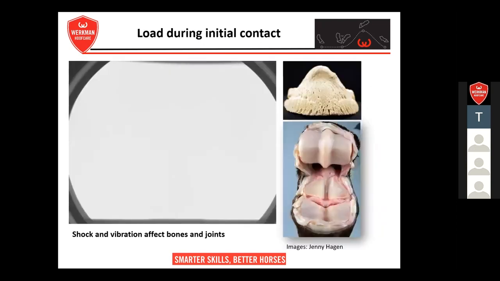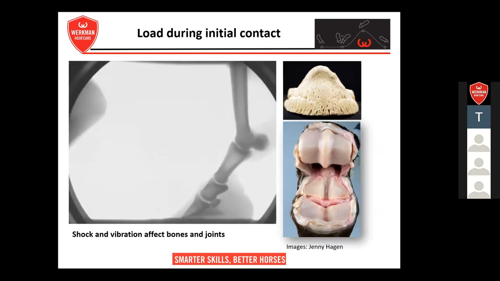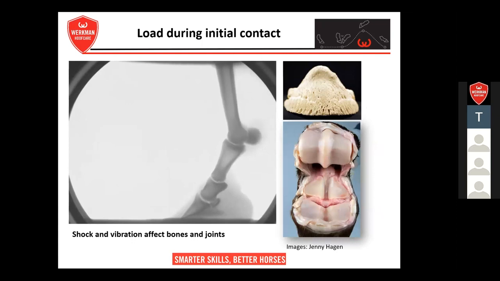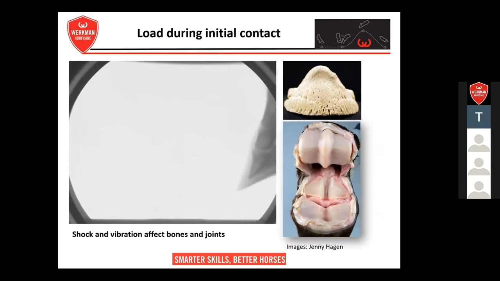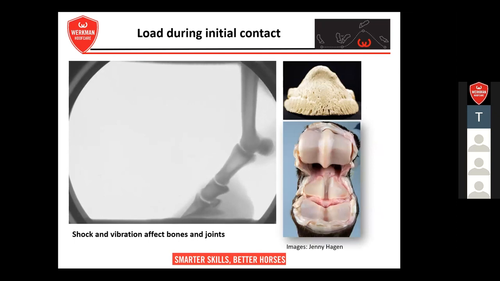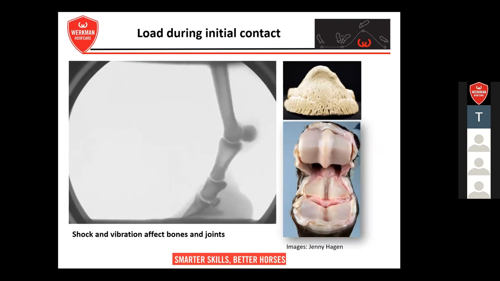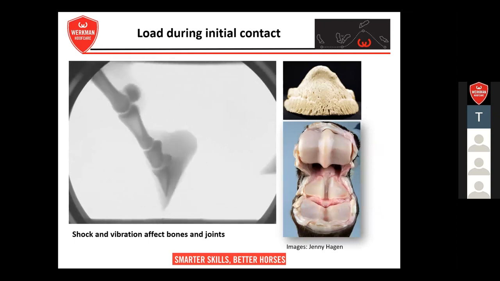If we have a look at the load affecting the distal limb during initial contact, it is stated and known that shock and vibration mainly affect bones and joints. So if you have horses walking or working a lot on firm surfaces, for example, these carriage horses pulling the carriage and working on asphalt in the past, they all had a lot of problems with arthrosis and bone exostosis.